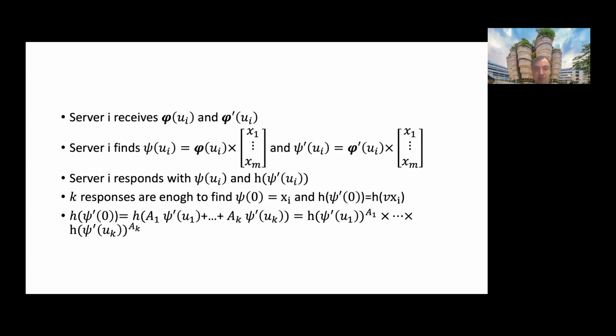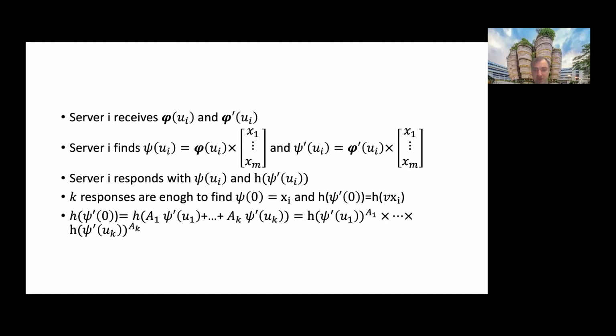And as a result, what's going on? The client receives psi at point u_i and psi prime at point u_i, and as before, each server finds the scalar product of queries with the database vectors. So it finds psi at point u_i, which is equal to phi at point u_i times the database vector, and psi prime at point u_i, which is equal to phi prime at point u_i times the database vector, and the server responds with the value of psi at point u_i and the hash of psi prime at point u_i.